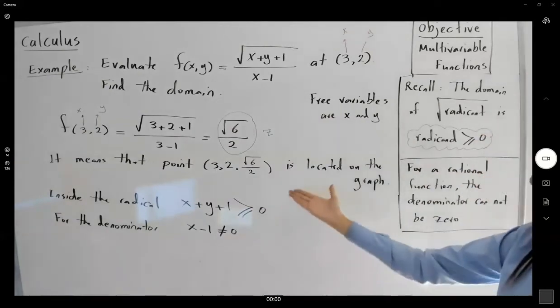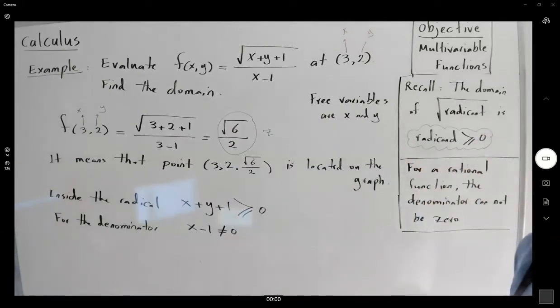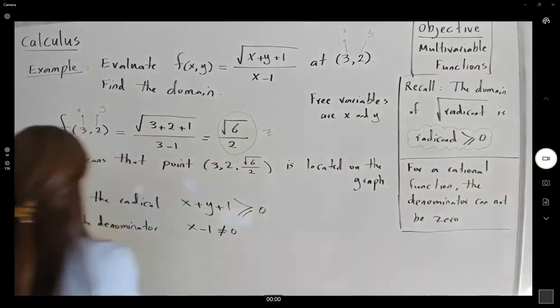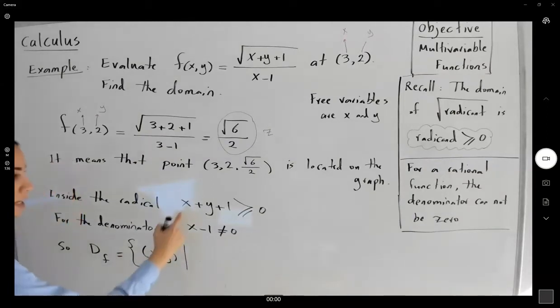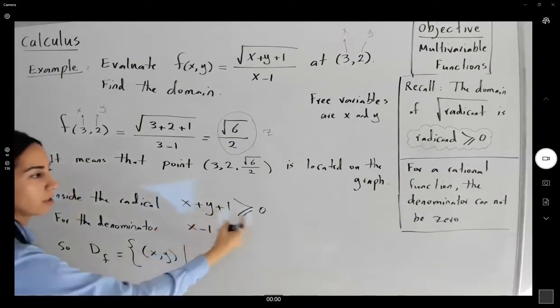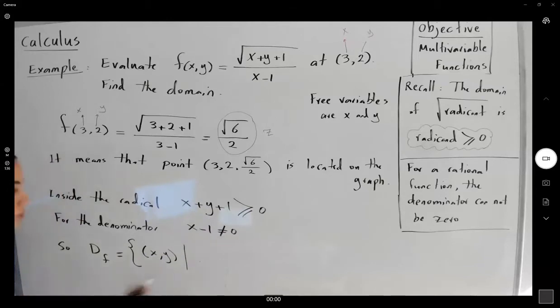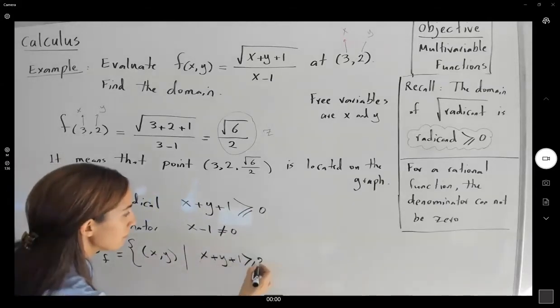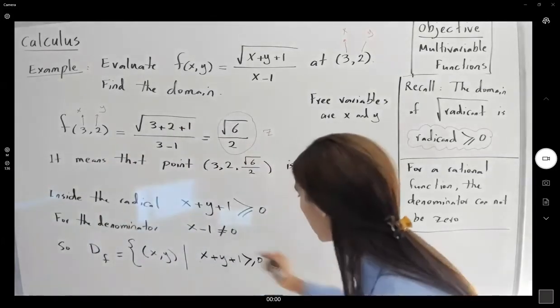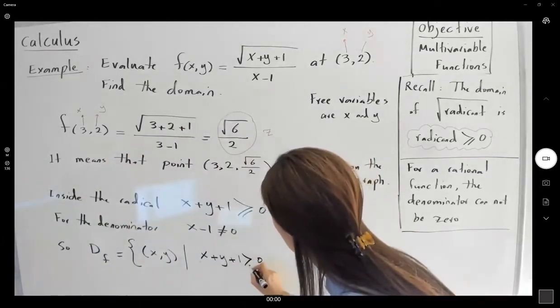So this gives me the domain of this function. The domain of f is equal to the set of all points (x, y) such that x plus y plus 1 is larger than or equal to 0, and at the same time, x cannot be 1.